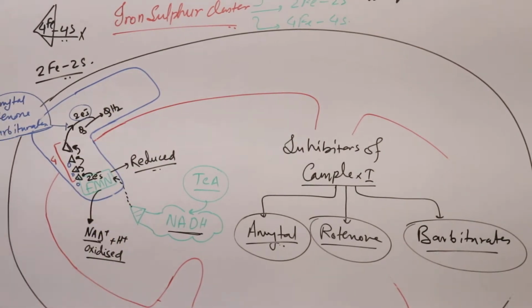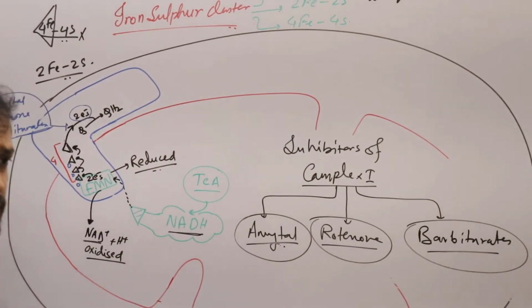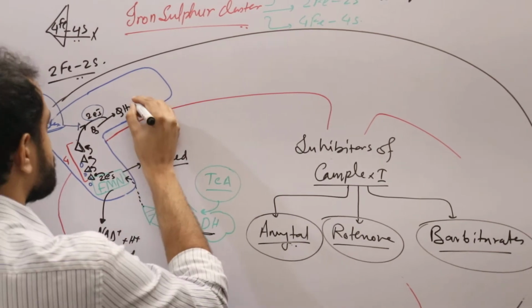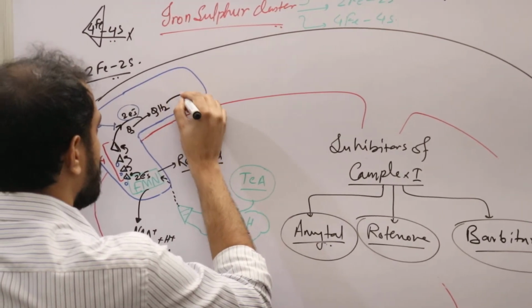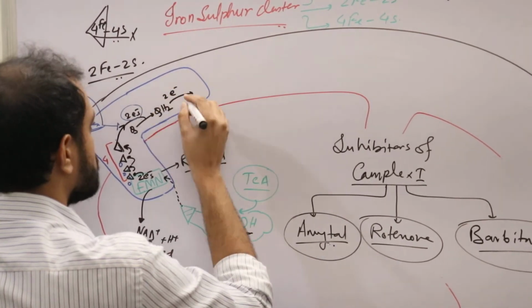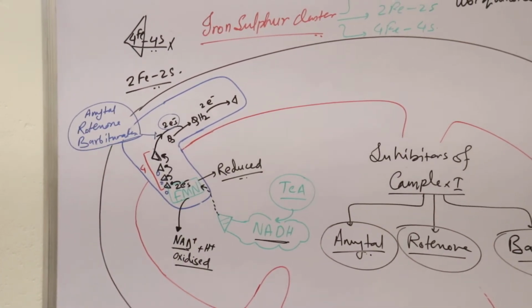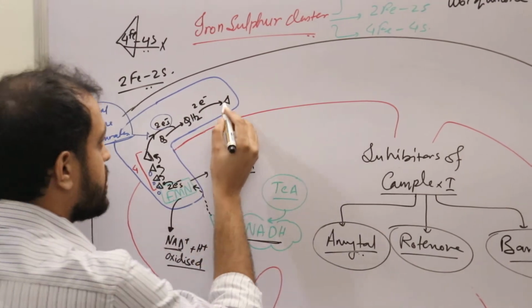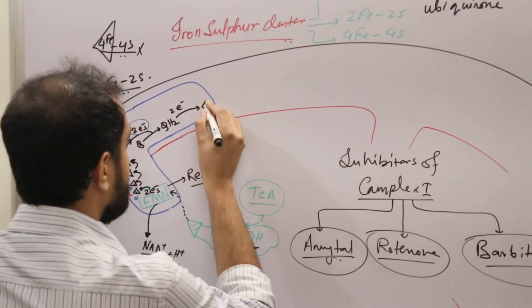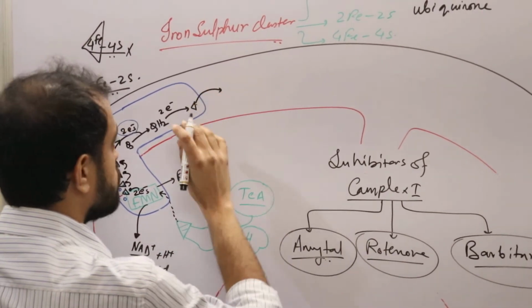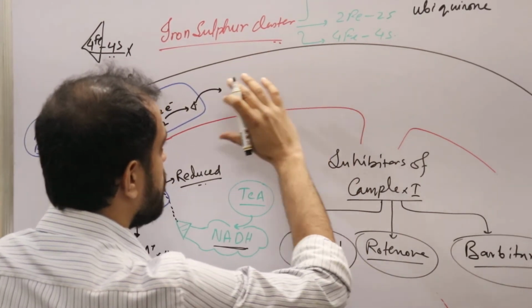It is bound to complex 1. Why? Because it is a prosthetic group. Now this QH2 hands over 2 electrons to another iron sulfur cluster, and this iron sulfur cluster will now throw the electron outside.